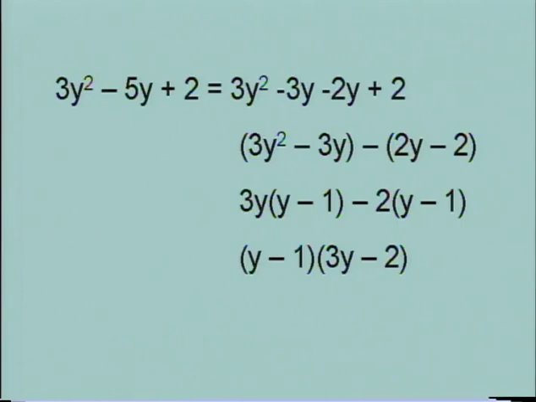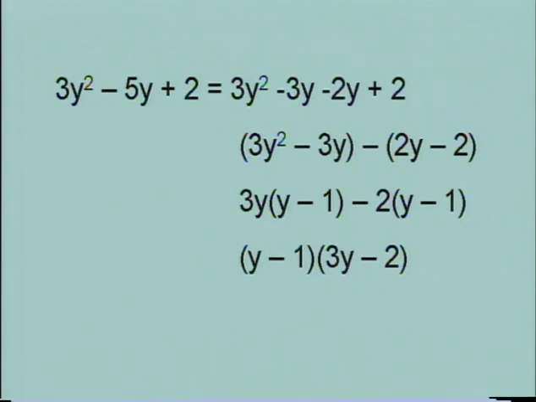And again, we have to manipulate the signs and express 3y squared minus 5y plus 2 as 3y squared minus 3y minus 2y plus 2, because minus 3y minus 2y is another way of expressing minus 5y. Grouping them, and an important principle you need to note here. In the first group, we'll have 3y squared minus 3y.